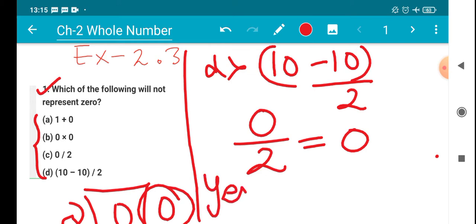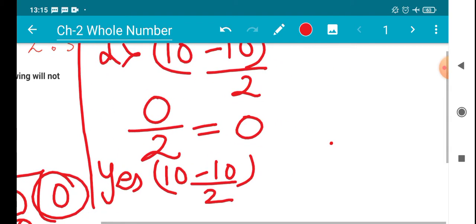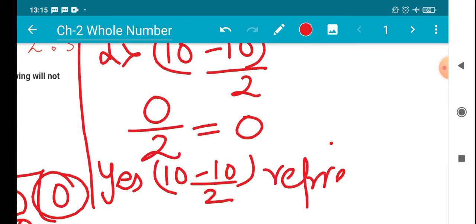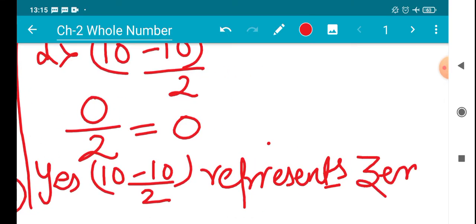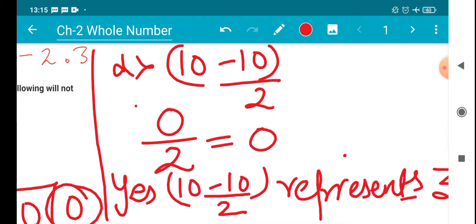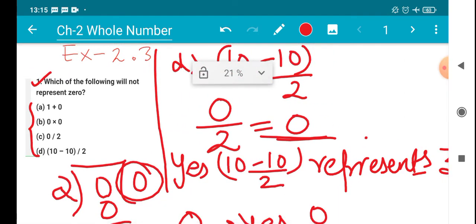So yes, 10 minus 10 divided by 2 represents 0, isn't it? Very simple. When you have the numerator 0 and any denominator, the answer results to 0. I hope you have understood this.